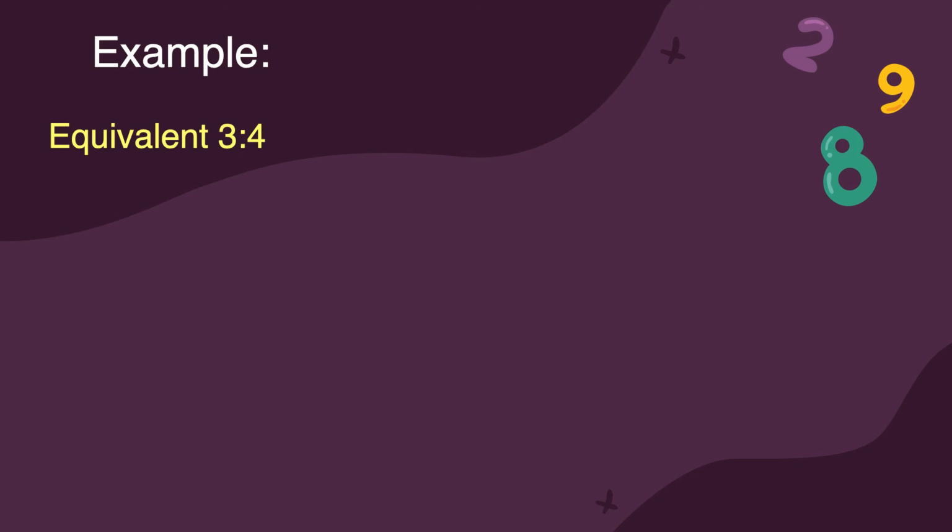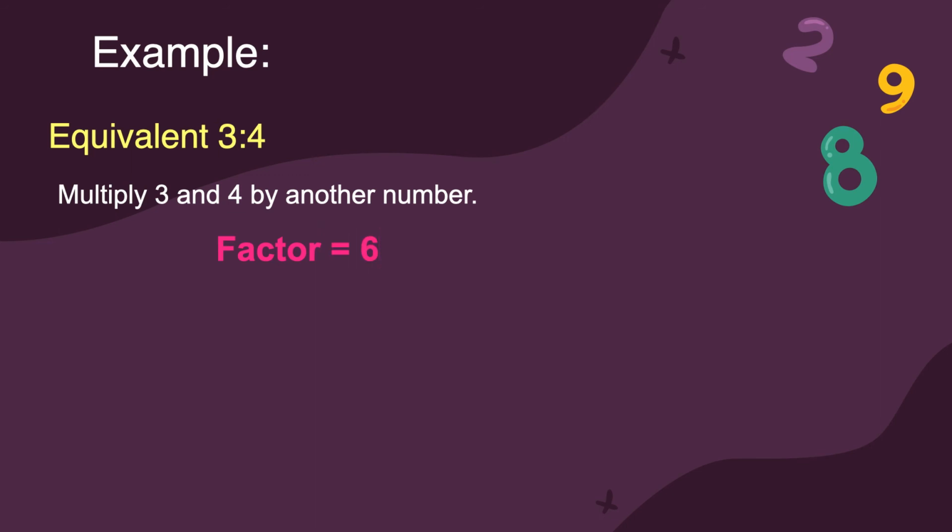Let's look at the ratio 3 to 4. To find an equivalent ratio, we multiply or divide. Let's multiply. So we are going to multiply 3 and 4 by another number. Let's try the factor of 6.